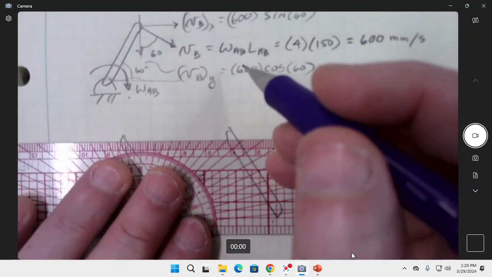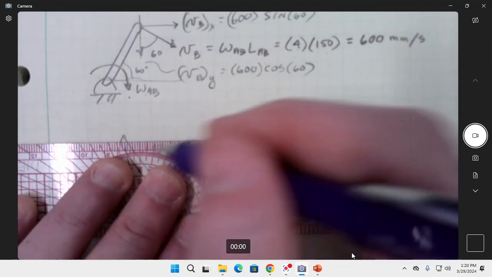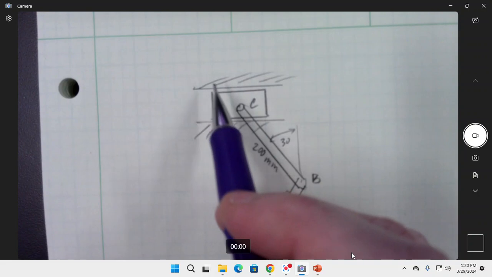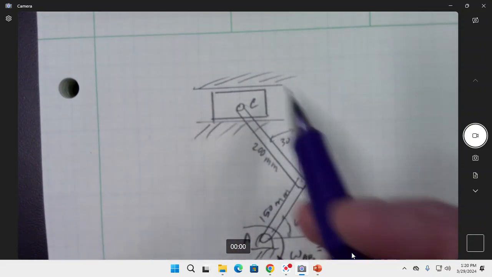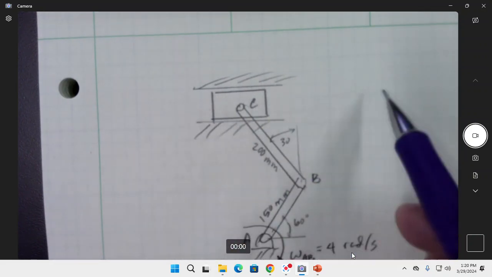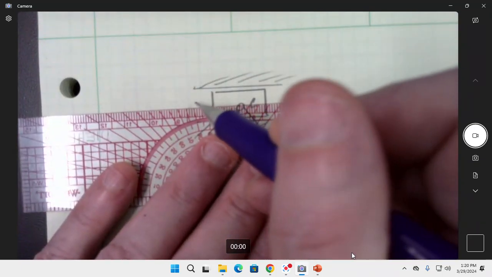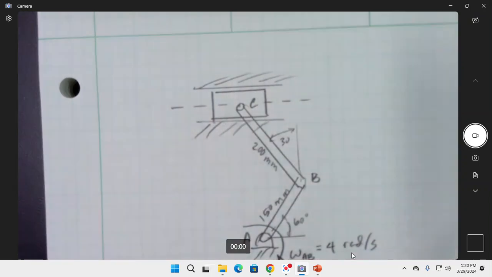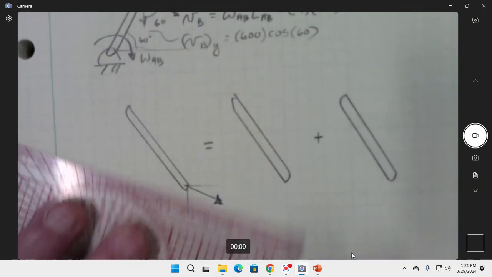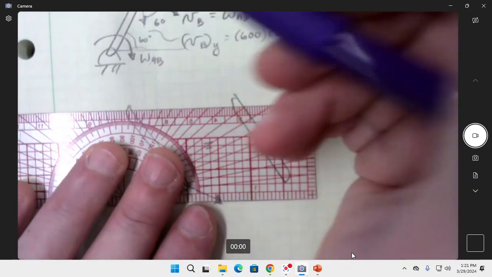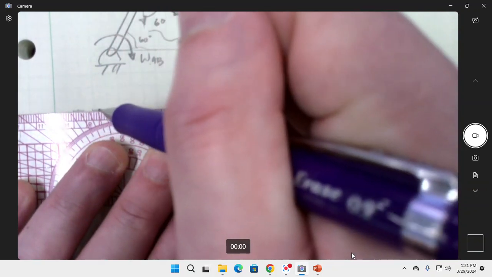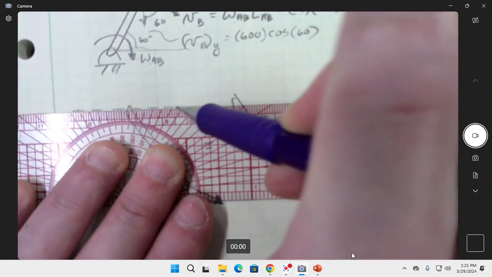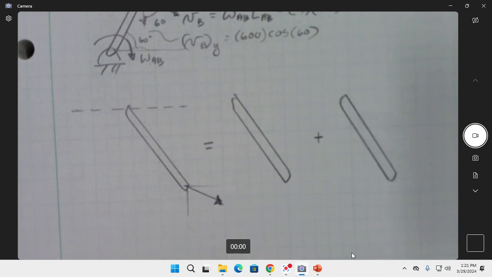Here, we know that the velocity has to be horizontal because it's constrained by this piece right here, constrained by this channel or cylinder, if that was riding in that. So I'm going to put it right in here. Now, you could go ahead if you wanted to and guess which direction, either left or right.